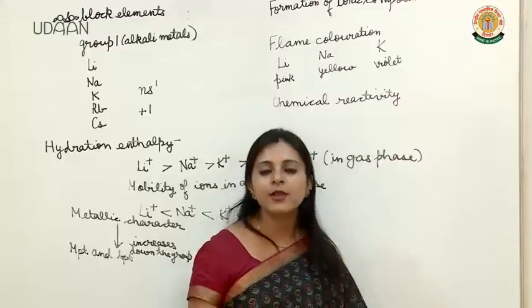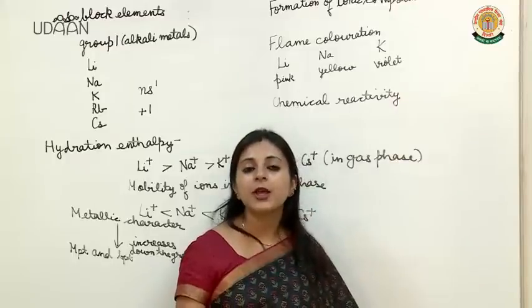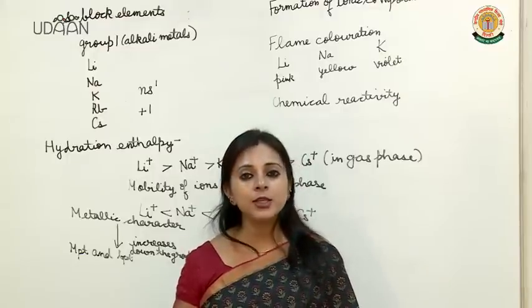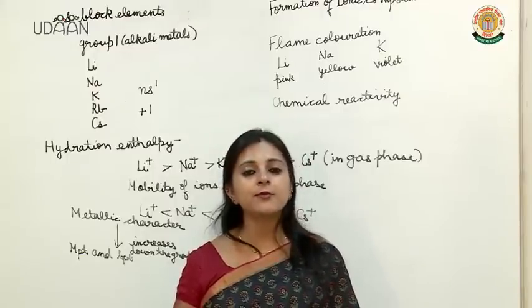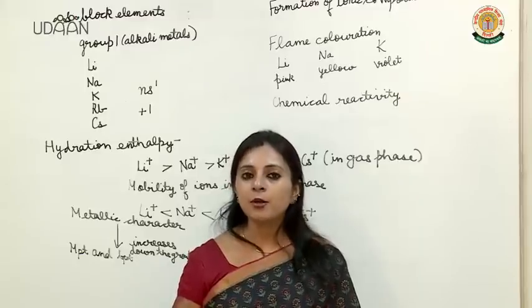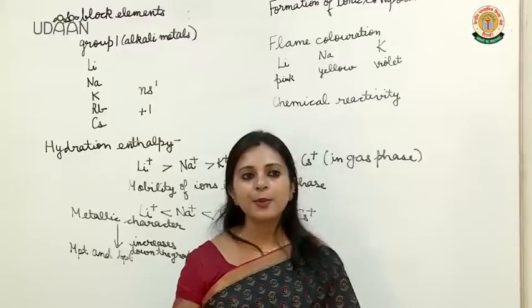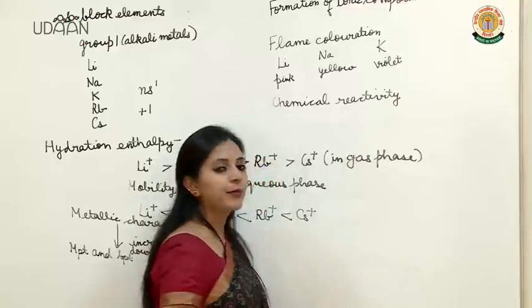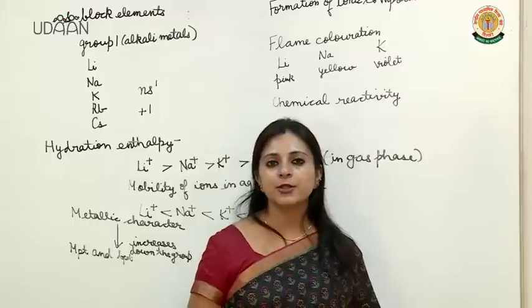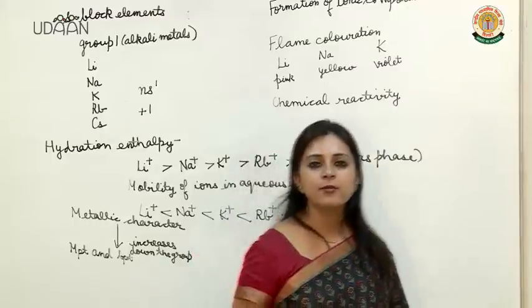So, that means they are very reactive, and since they are reactive, they do not occur free in nature. They always exist in the form of their oxides or any other combined state, but not free in nature because they are highly reactive.